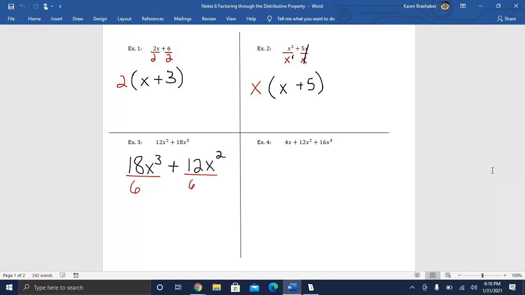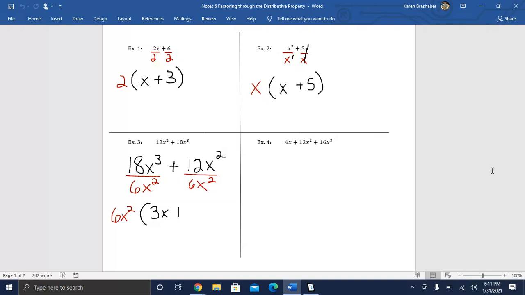And then I have my x, which is a common factor. I use the lower of the two exponents, so x to the second. My common factor gets written outside the parentheses. Then I start a parentheses and do the dividing. So 18 divided by 6 gives me 3. Remember I said when we have variables, we keep the variable, we subtract the exponents. 3 minus 2 is a 1, and I won't write the 1 exponent.